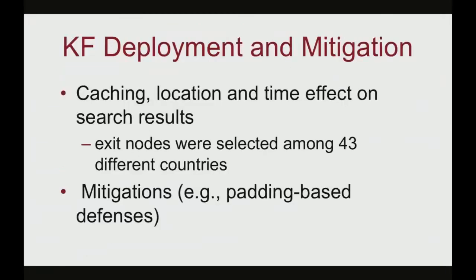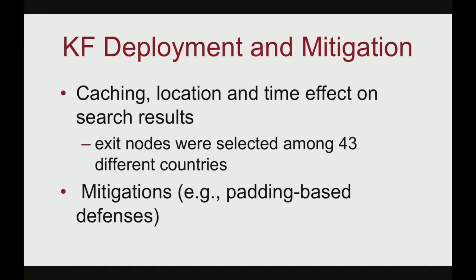For practical deployment, there can be several concerns on this approach. There might be caching, location and time effects on search results, which means we might get different search results depending on these factors. For caching, by default, the Tor browser disables caching and cookies between browser sessions, so we assume that the same content is always returned to different users if they type the same keyword.